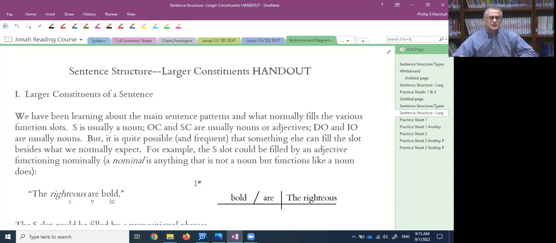So we want to grab your handout here, "Sentence Structure, Larger Constituents." Sentence structure, larger constituents.